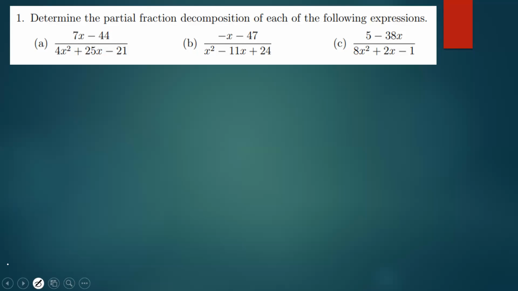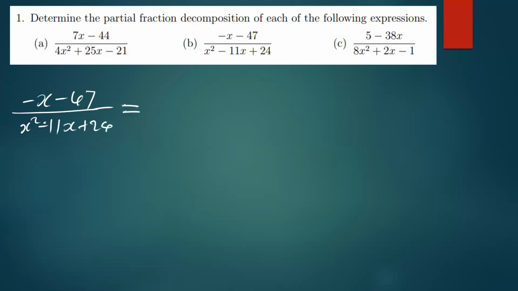So the final answer will be negative x minus 47 over x squared minus 11x plus 24. And this is going to be equal to, the value of a we found was 10. So we simply write 10 there over, what was our first, it was x minus 3, if I'm not mistaken.